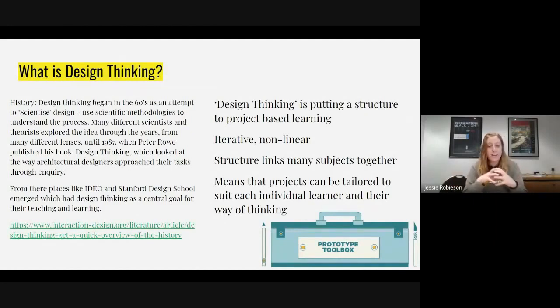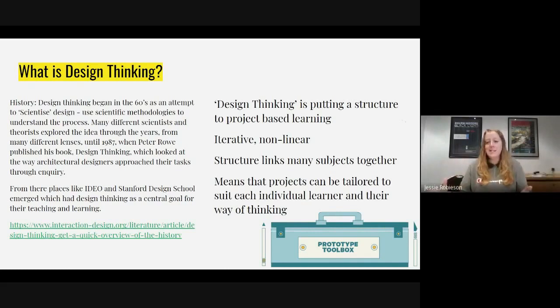That's really brief, but it's that idea of putting a structure to designing something. And we design in many different ways in many different places within our life. So it was whether that structure would go over these multiple different places. Do we design the same way here as we do here?